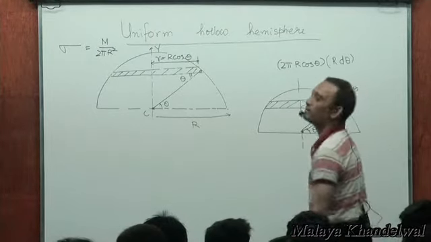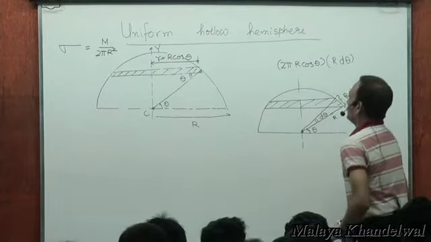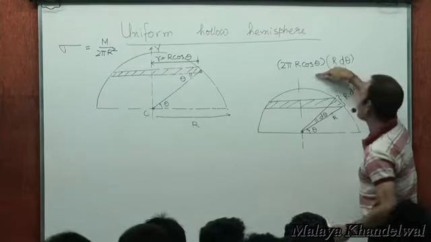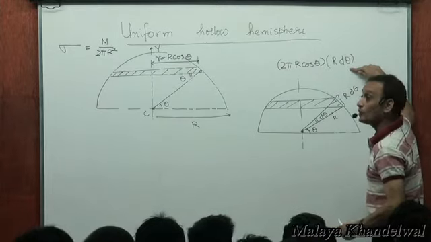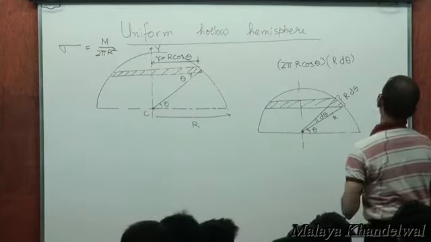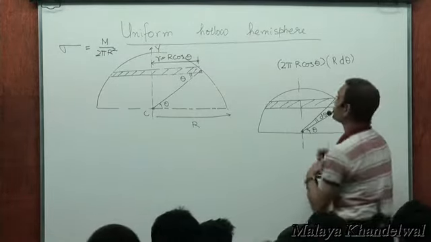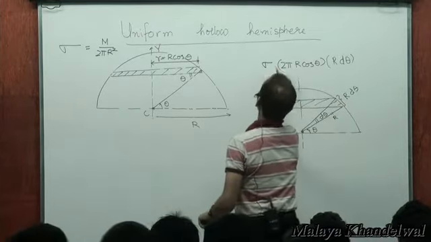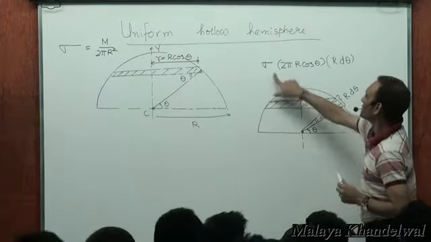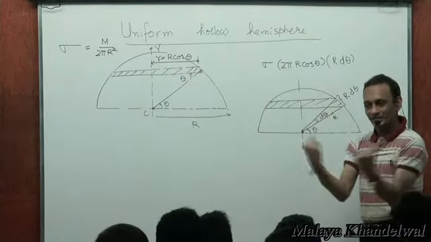Okay, m by 2 pi r squared. Now, the circumference of the shaded portion into the thickness of the portion will give me the area of the shaded portion. Now, the mass of the shaded portion would then be the area into sigma, mass per unit area. Sigma, which is mass per unit area, will give me the mass of the shaded ring, right?